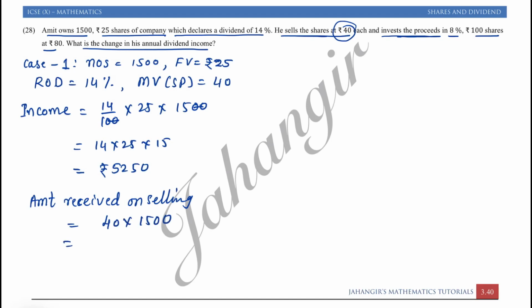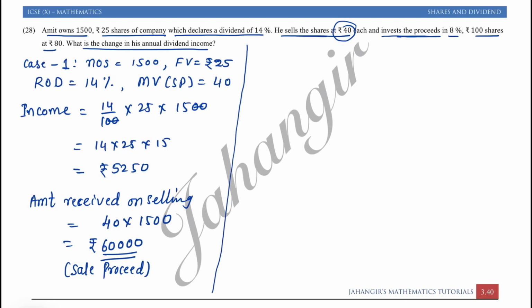So 15 into 4, 60,000. This much amount he got. So after selling, he got this much amount. This amount is called sale proceed.